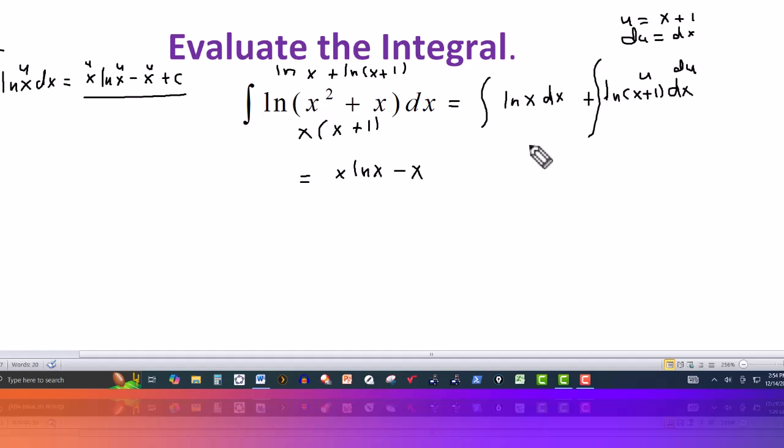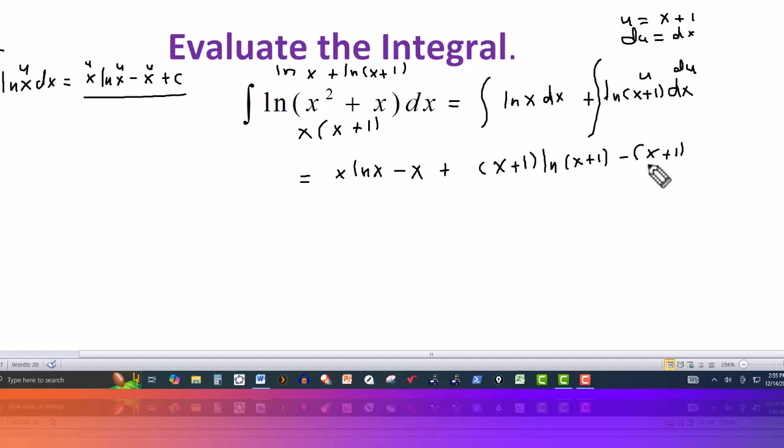So this would be plus the product of u and natural log of u, but in this case u is x plus 1. So I would write this as x plus 1 times natural log of x plus 1, and then minus u, but again u is x plus 1, and then plus the constant of integration.